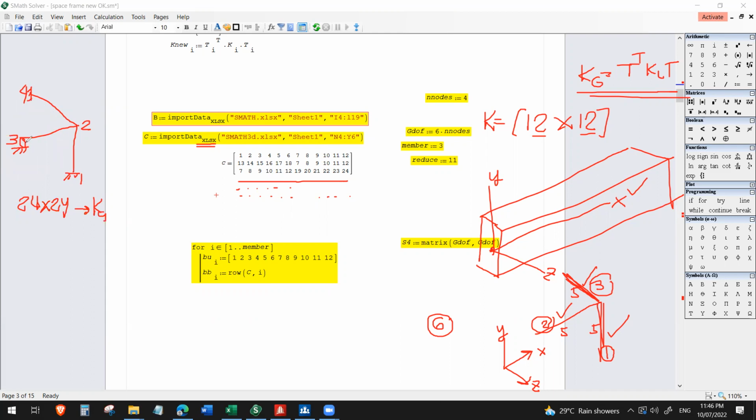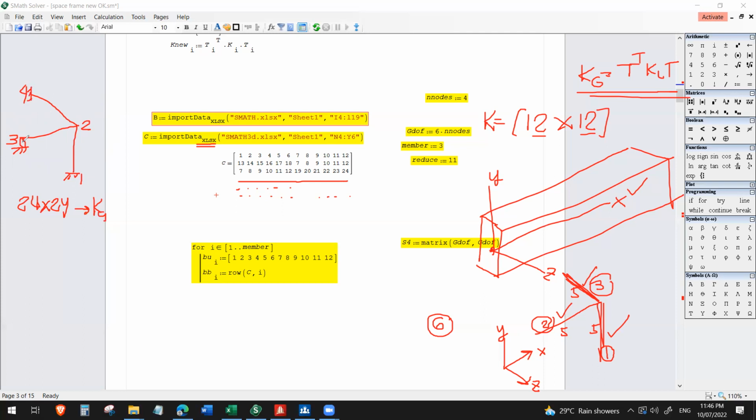Now, for the roller, how many displacements are we expecting in this problem? We have displacements on node 2, that will be 6, right? And then how many displacements here?